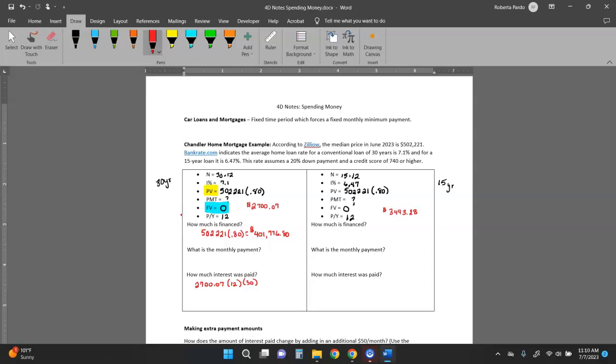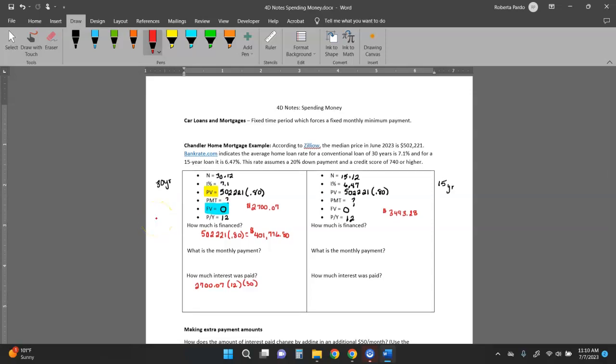So if we take our $2,700.07, we end up with $972,250. That's how much was actually paid, and we financed $401,776.80.